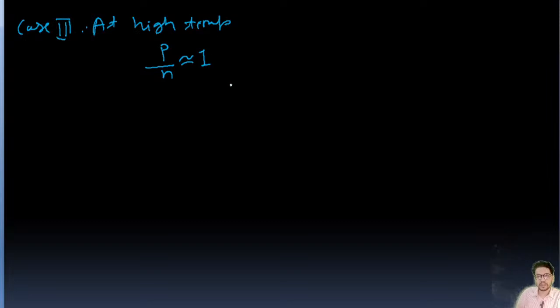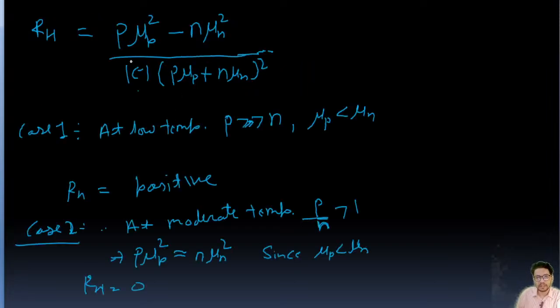Since we have been given mu P is less than mu N, and P upon N is almost equal to 1, meaning P is almost equal to N, the value of RH is determined by this term, which is greater because mu N is greater.